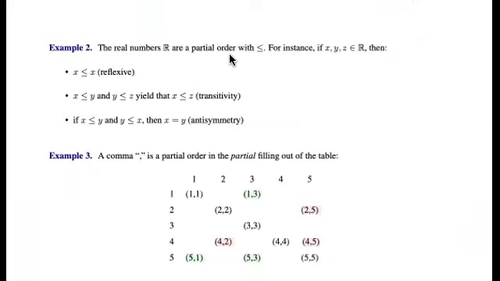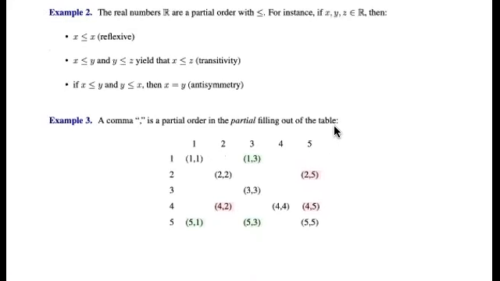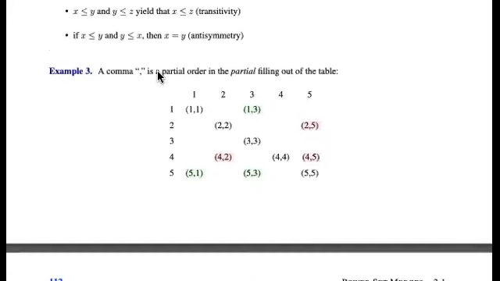The numbers are a partial order, but not only that, they're actually a total order, as I was describing. Even just having a comma is a partial order. Think of the comma as being like an arrow, or a greater than or less than symbol. In this particular table right here, we just partially filled it out. We didn't fill it out completely, just partially. And this is actually a partial order the way we filled it out.